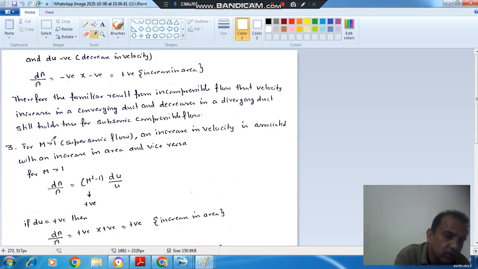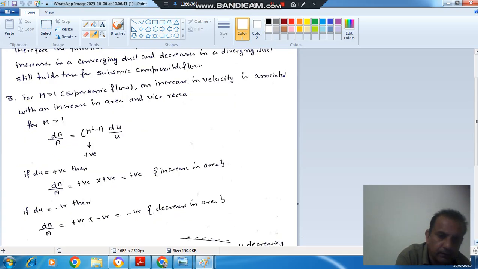Now if we take supersonic flow, if M is greater than 1, then if we want to increase the velocity, an increase in area is required. How? If M is greater than 1, then this quantity will always be positive. If we want to increase velocity, then du will be positive and dA by A will be positive. Positive into positive is positive, so there will be an increase in area.